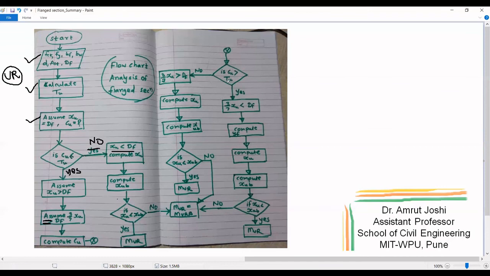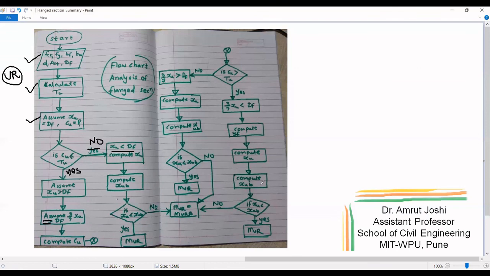Now at this location, we have established that xu is greater than Df, but we are checking if 3/7 xu is greater than Df or less than Df. So here if Cu turns out to be greater than Tu, that means we require lesser area on compression side, indicating 3/7 xu is less than Df. So we compute yf. Using the expression for yf, by equating Cu and Tu, we compute xu.